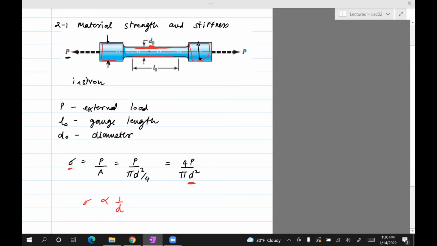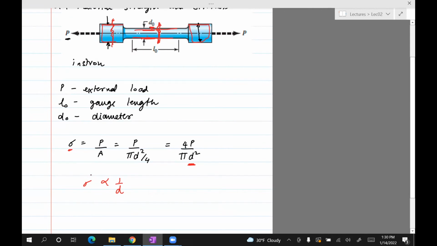And because the stress over here is greater, this part is going to fail before this part. And the reason why you want this part to fail is because here you're clamping the specimen, and if it breaks here, it just ruins your test. So that's why they machine this to a smaller diameter.